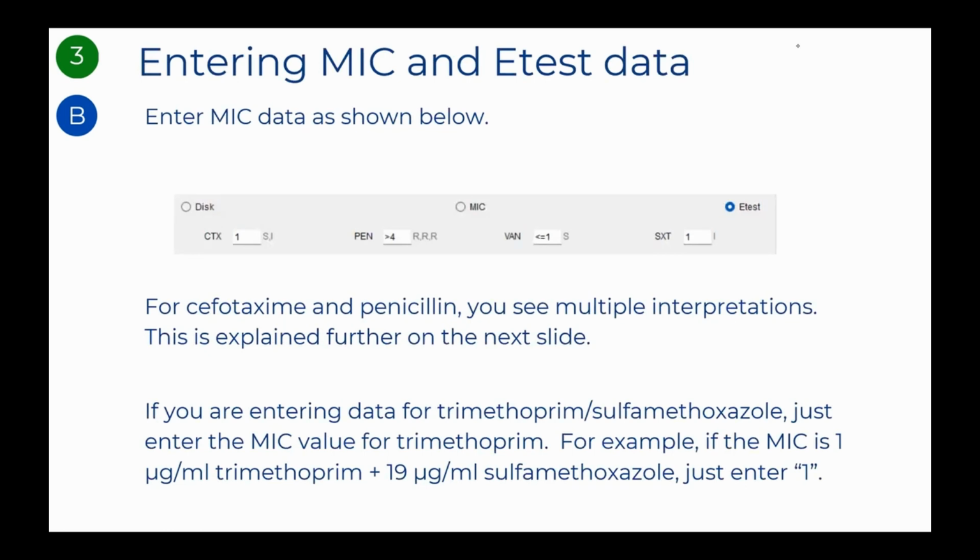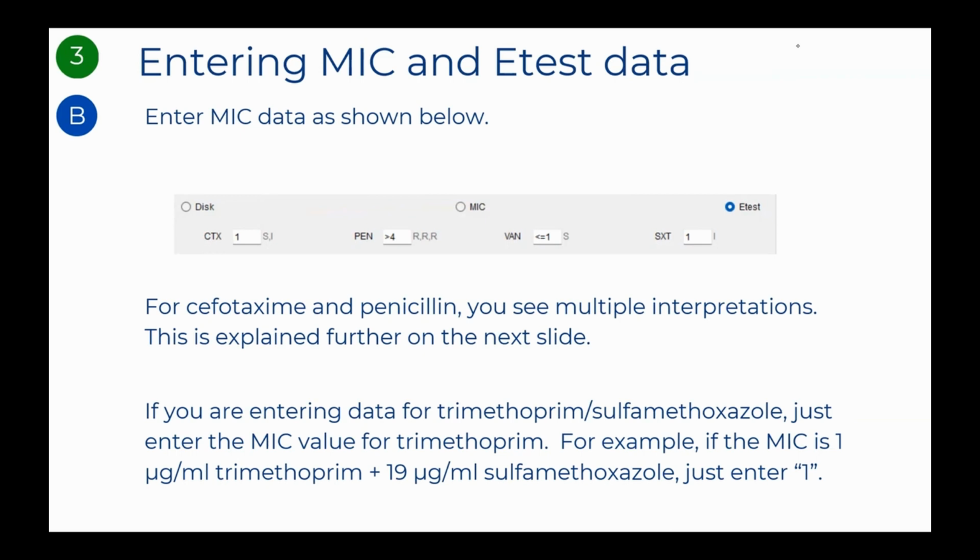The software also permits you to enter results for MIC and E-test data. For example, on this slide, I have entered 1 microgram per milliliter for cefotaxime, greater than 4 for penicillin, and less than or equal to 1 for vancomycin. For SXT, which is trimethoprim-sulfamethoxazole, I have entered 1 microgram per milliliter, which is the concentration of trimethoprim in this antibiotic combination.